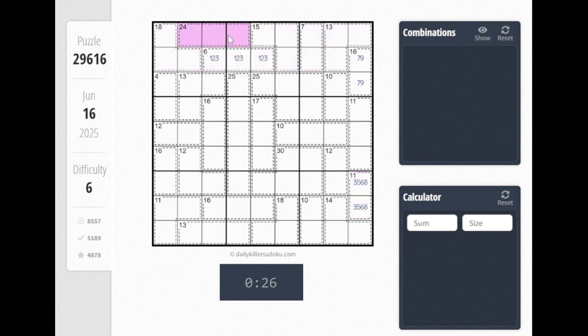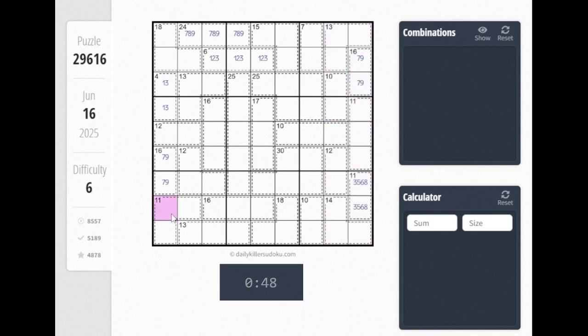Dang. Well, that's also a shape. That's nice. Oh, and also another shape.